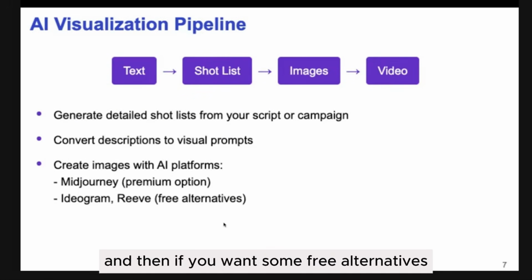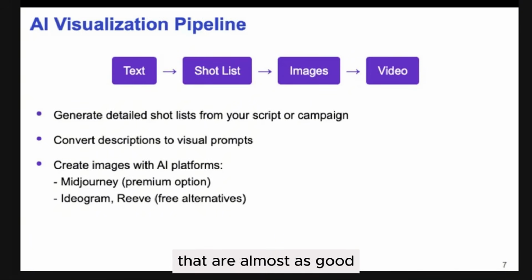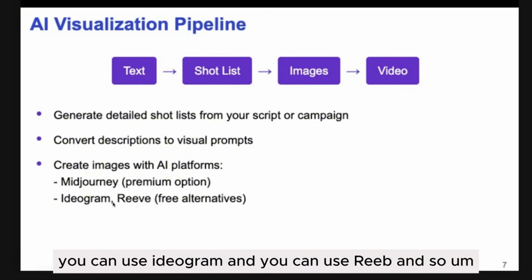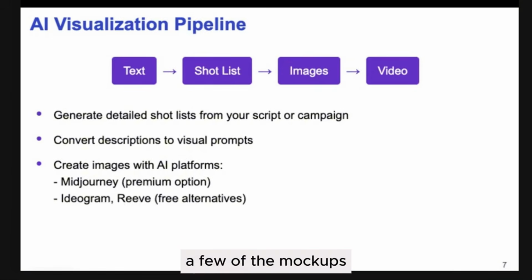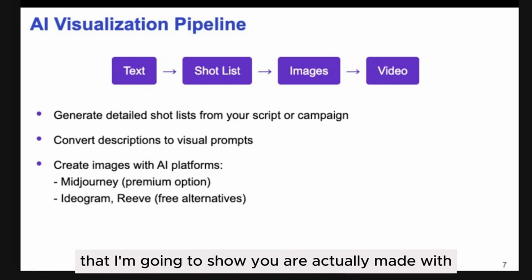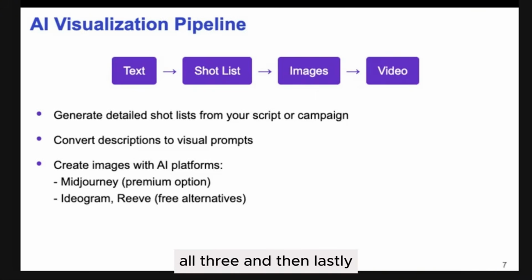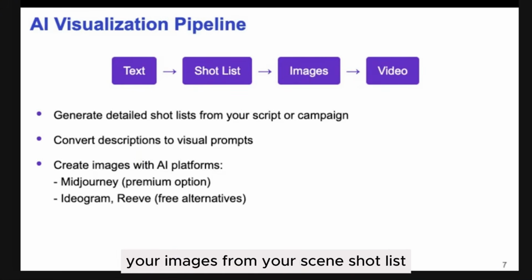If you want some free alternatives that are almost as good, you can use Ideogram and Reeve. A few of the mockups that I'm going to show you are actually made with all three.